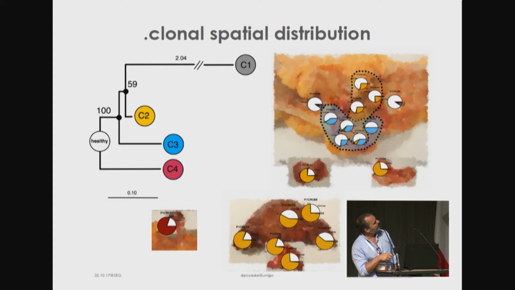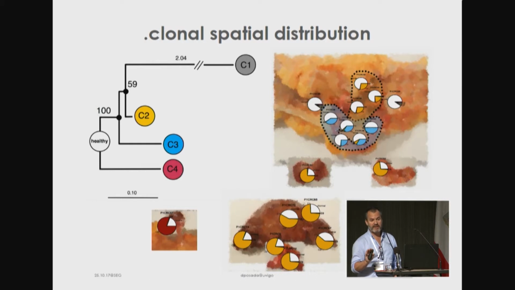We can see a pattern where the metastases all have the yellow clone, to be simple, which also lives in the primary tumor, but in the primary tumor you also have a blue clone. So this is suggesting something, right? It might suggest that the metastasis comes from this area of the tumor.